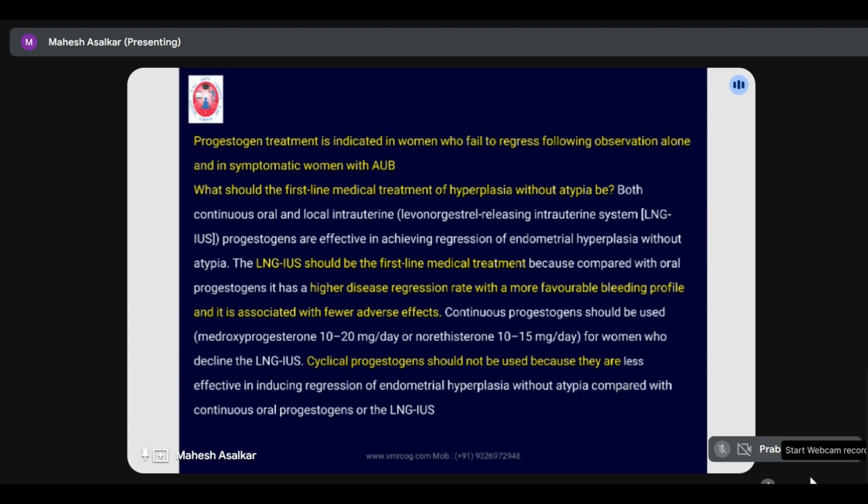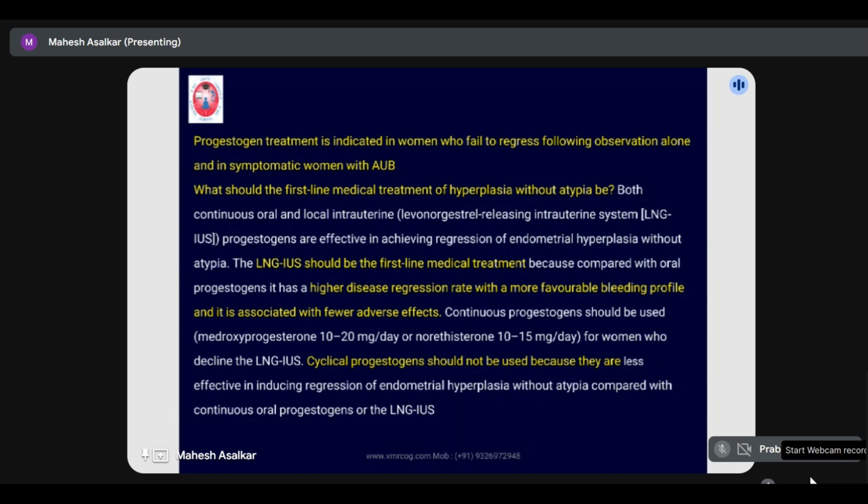Okay, observation is a modality that is available, but progesterone has a better regression profile as compared to observation alone, and that is why the first line treatment is LNG-IUS. LNG-IUS should be the first line medical treatment, because compared with oral progesterone, it has a higher disease regression rate and more favorable bleeding profile. It is associated with fewer adverse effects.